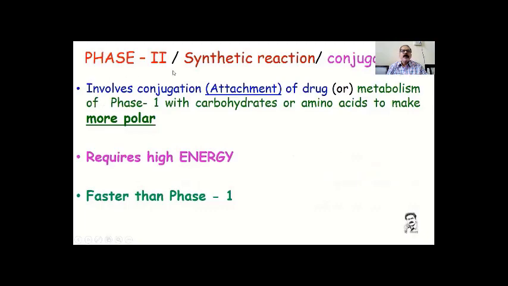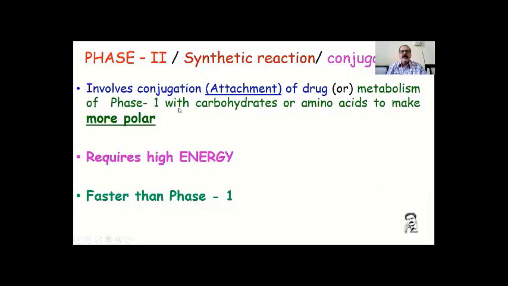So when you come to phase 2 reactions, these are synthetic reactions or conjugated. Synthetic means synthesis is taking place, conjugation means addition is taking place. It involves conjugation or attachment. Try to remember this word, it is important. Phase 2: attachment. Phase 1: redox reactions. Try to remember these two words, you can write the answer, because in the annual examination you can expect phase 1, phase 2 reactions.